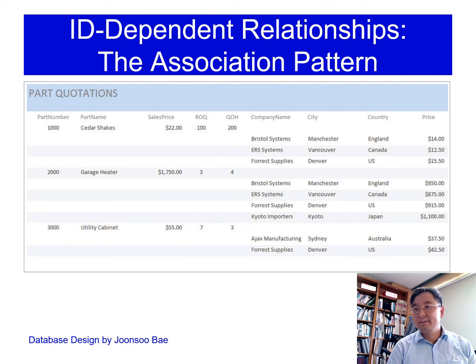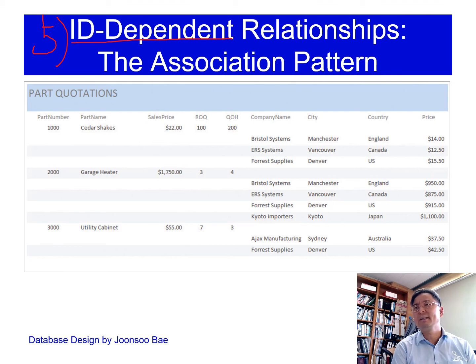Okay, now the other part is kind of examples. So this one is an ID dependent relationship. Yes, another case. I think it is called the fifth case. So ID dependent entity examples, special examples.